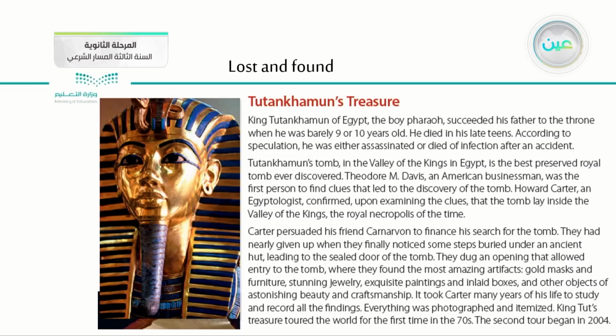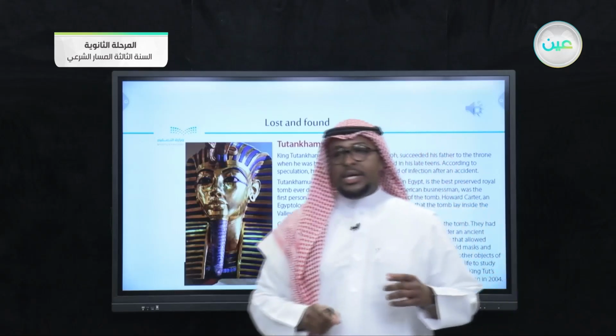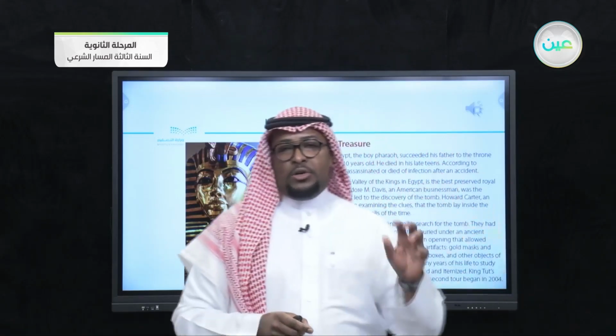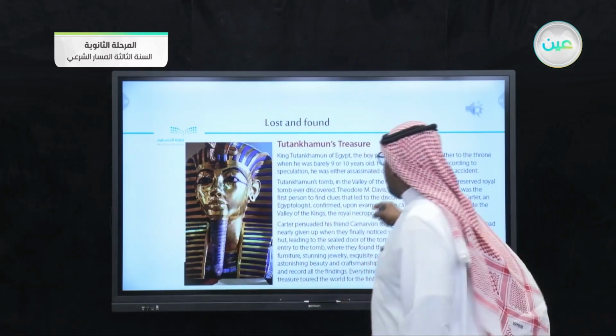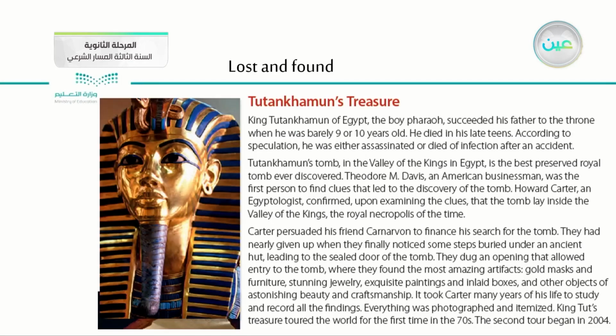Theodore M. Davis, an American businessman, was the first one who tried to discover that area, and he found some clues that led to the discovery of the tomb. Howard Carter, an Egyptologist, confirmed upon examining the clues that the tomb lay inside the Valley of the Kings, the royal necropolis of the time.